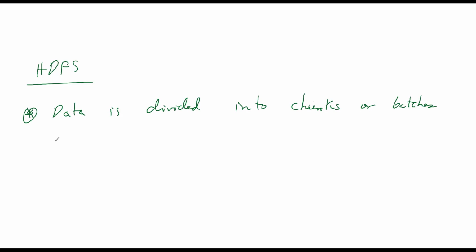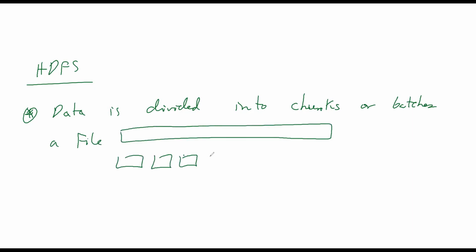Let's say you have a file. The file looks like this, but then you break it up into pieces. So this is going to be chunk 0, chunk 1, chunk 2, chunk 3, chunk 4, 5, 6, 7, and so on.